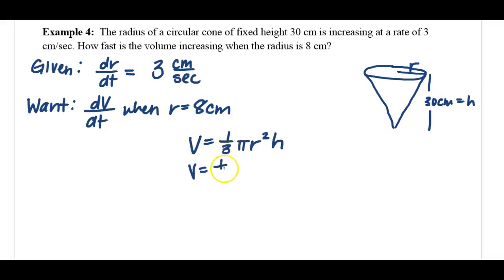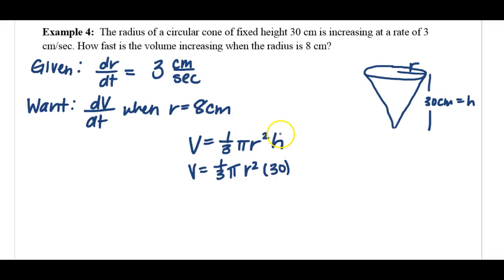Once we do that, I'll explain why we really needed to do that, and why it would have made our lives a lot harder to not have done that. If we didn't replace h with this fixed number 30, when I took the derivative with respect to time of both sides, the derivative of V is dV/dt. But on the right side, r squared and h are two separate functions, so I would have had to use the product rule along with implicit differentiation.